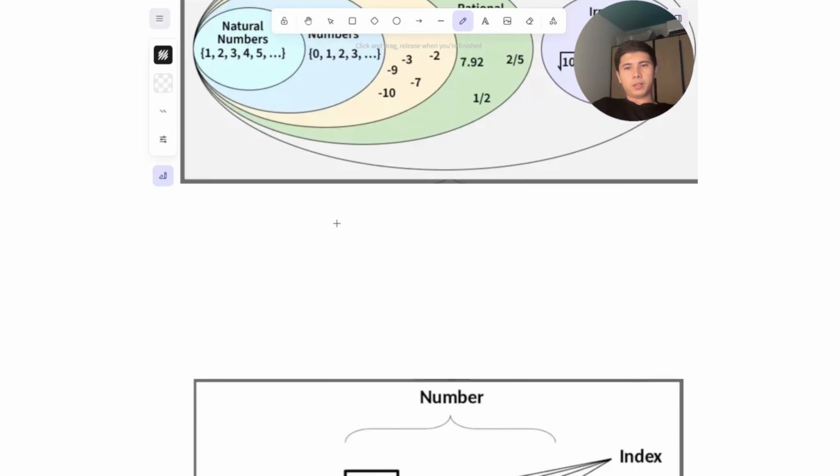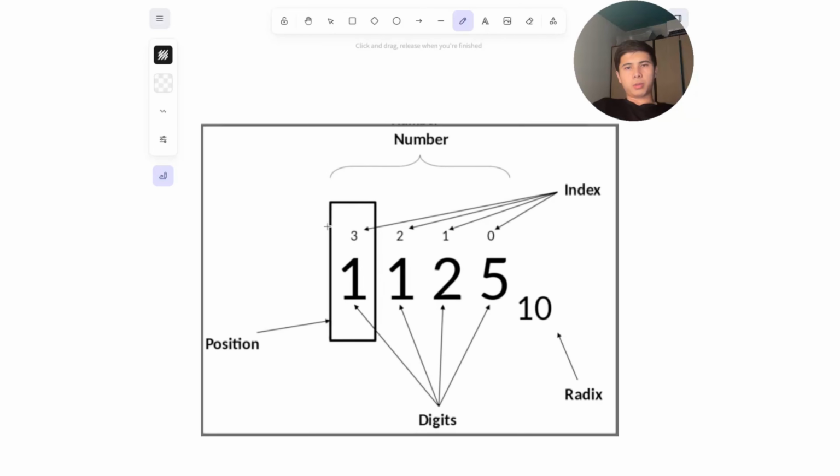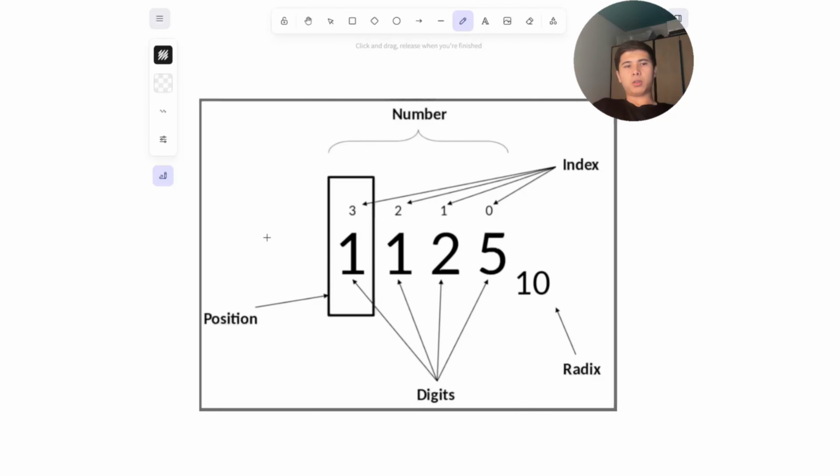And then, from the algorithmic point of view, based on these data types, we can look at the structure of the numbers as well. We know that numbers are made up of digits. We can see this number, for example, 1125, is also composed of digits.